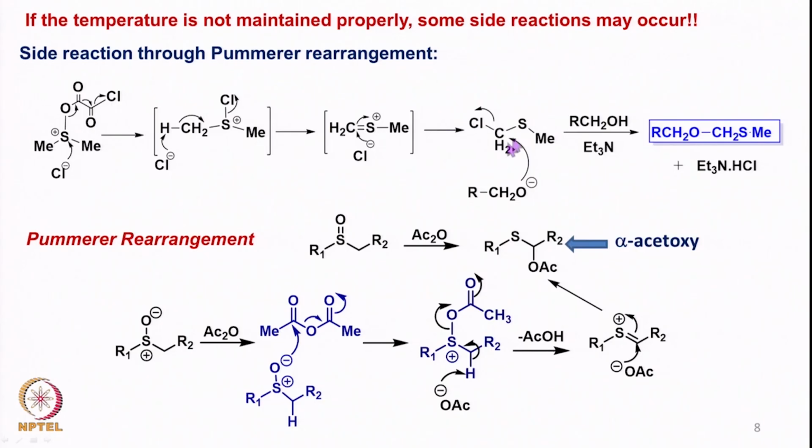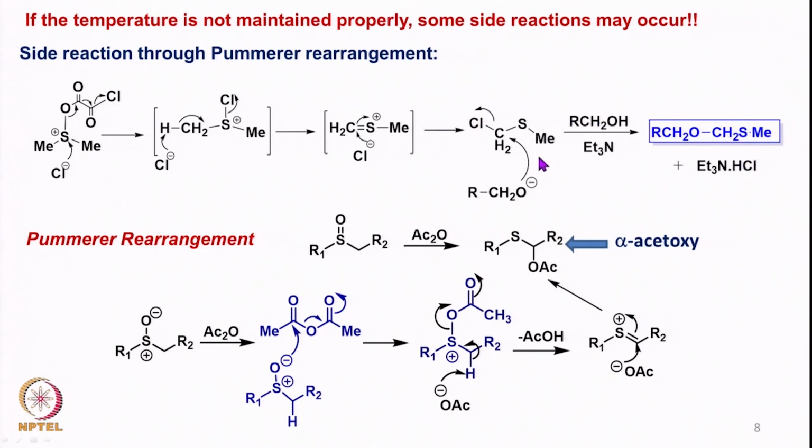Like here what we have got is an alpha-chlorosulfide. So, if we start with DMSO, then what we have got is an alpha-chlorosulfide, which of course reacts with the alcohol anion in the Swern oxidation, because alcohol was present in the reaction medium, to form this intermediate.